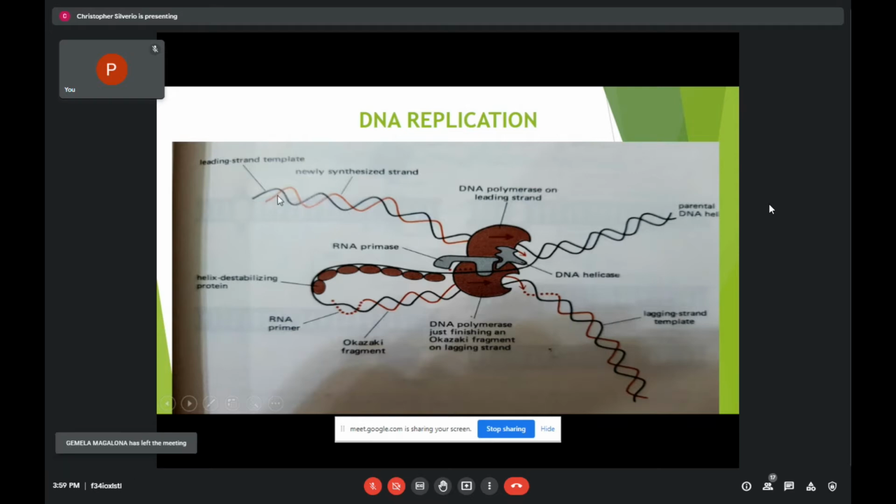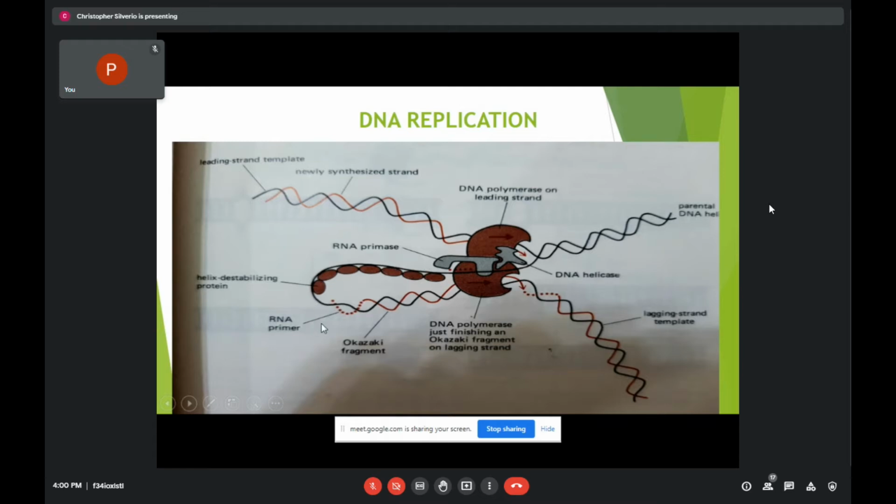It is replicated to a new leading strand. Okay, a new leading strand is synthesized continuously. But how about the lagging strand? The lagging strand has to be stabilized.